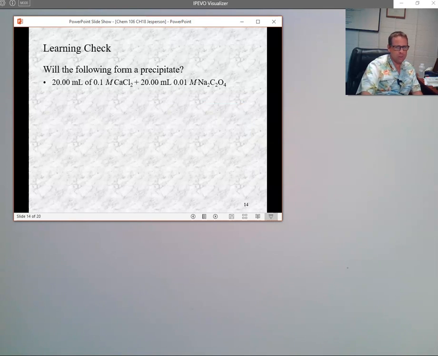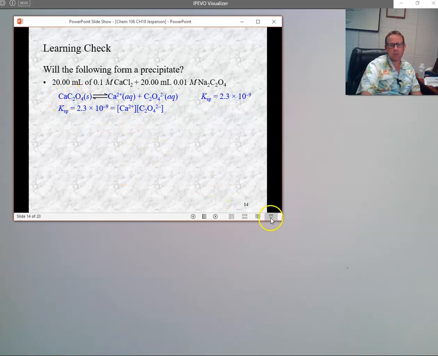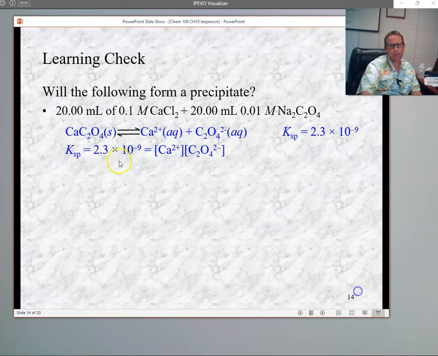Will the following form a precipitate? Essentially what we're doing here is looking at our equilibrium reaction and asking, under the given concentrations of these products, will I get a high enough concentration to drive the reaction back towards the product side?